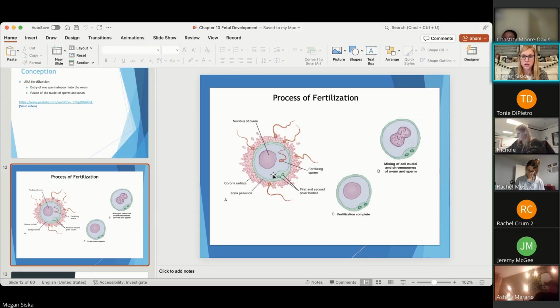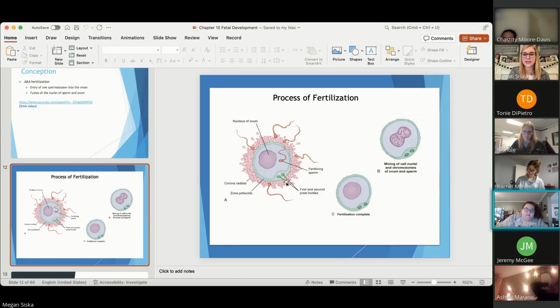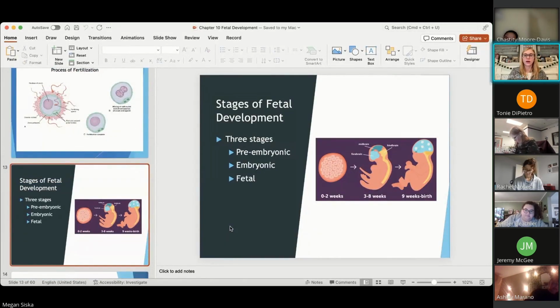Can you guys see my cursor? I never know if you can see my cursor. Yes? Good, it's nice to have a pointer. So when I was talking about cellular division and meiosis in females, those polar bodies are over here.